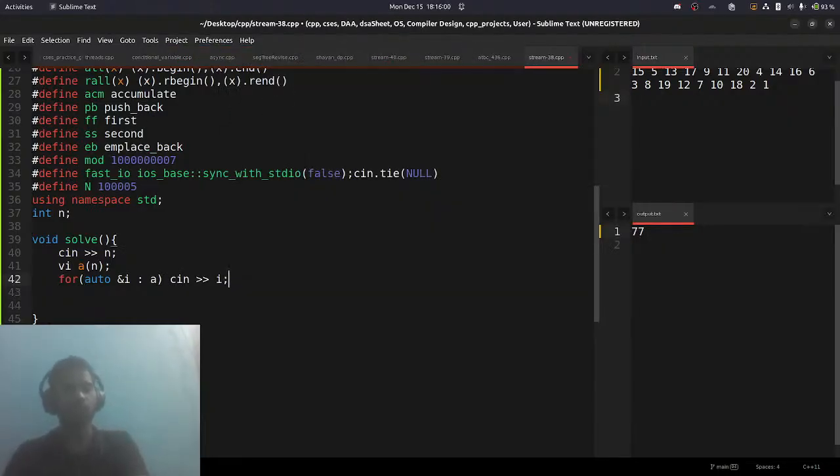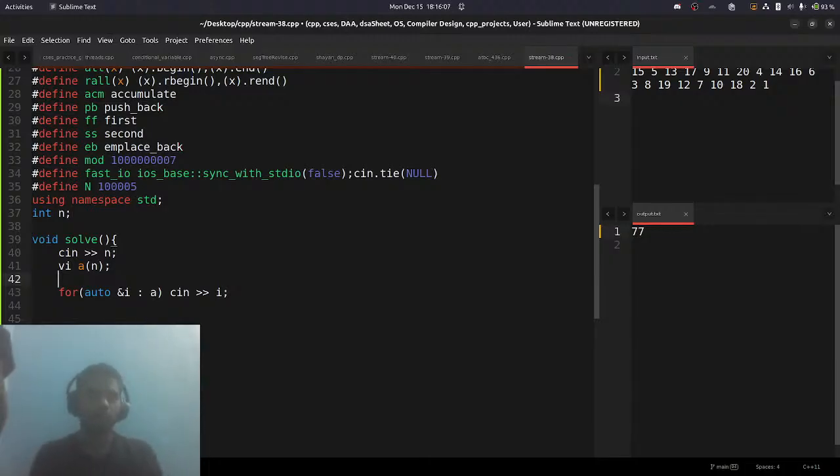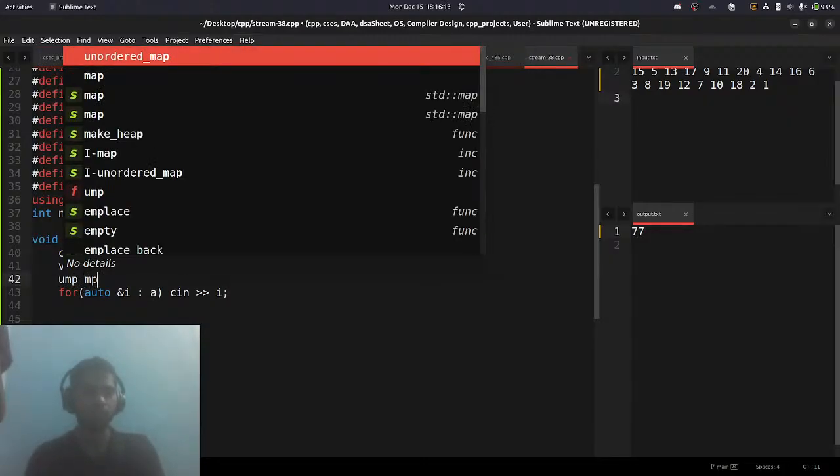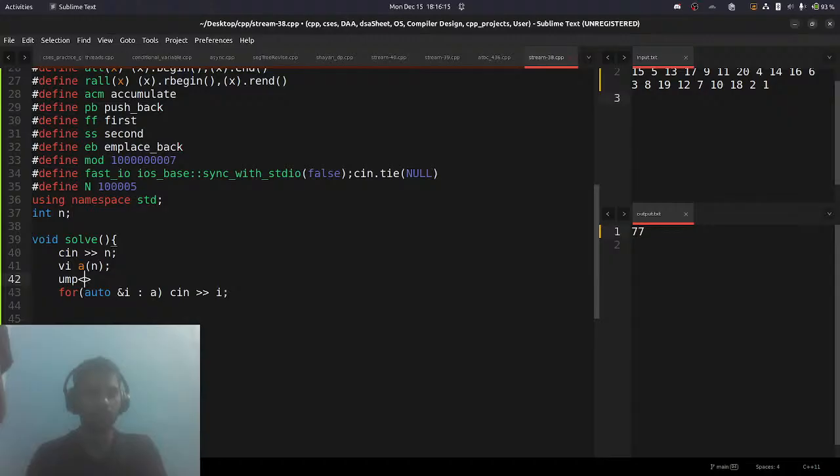Okay, and we also want something that will store the count. Okay, so this should work.